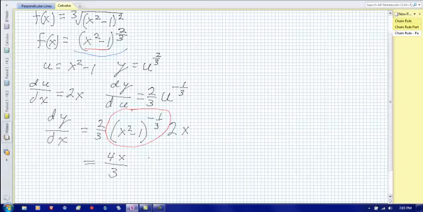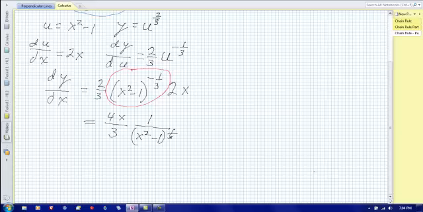The denominator is 1, we don't have anything up there, times the cube root of x squared minus 1. Now we could write this as a cube root or write it as an exponent. It really doesn't matter. We'll write it as an exponent.